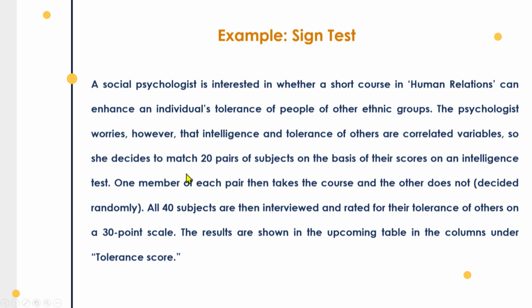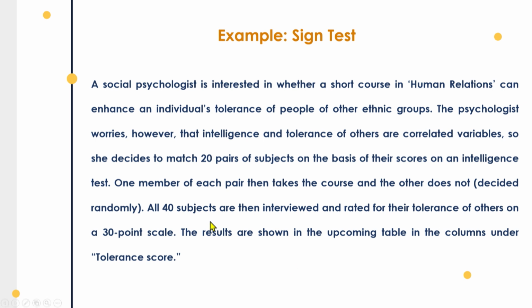So she decided to match 20 pairs of subjects on the basis of their scores on an intelligence test. One member of each pair then takes the course while the other does not, decided randomly.